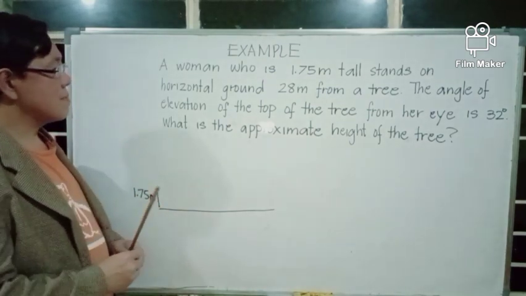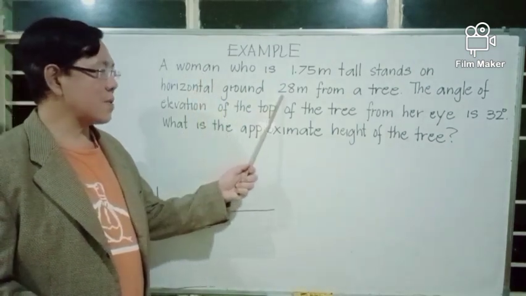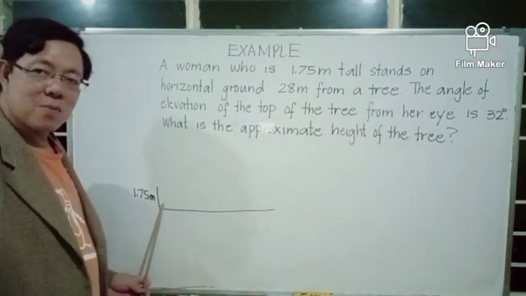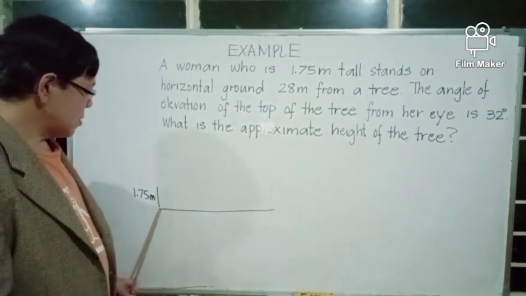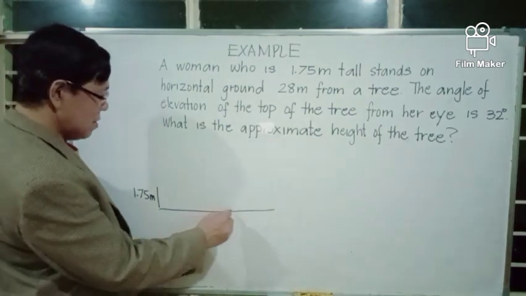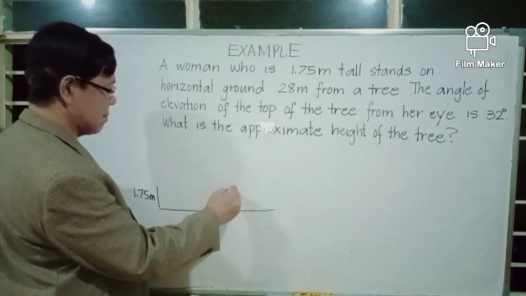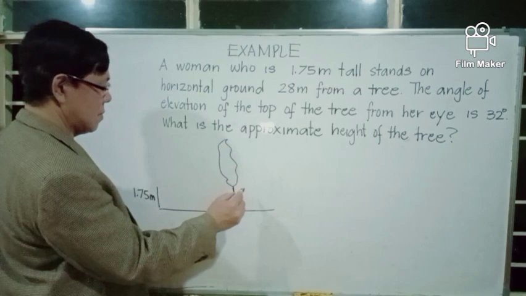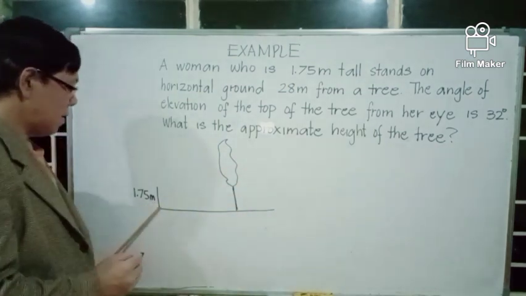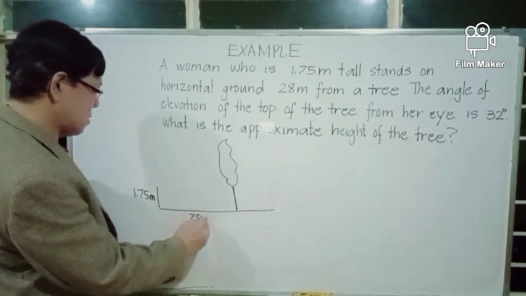And the woman is 28 meters from a tree. Suppose this is the tree. And the distance of the woman from the tree is 28 meters.